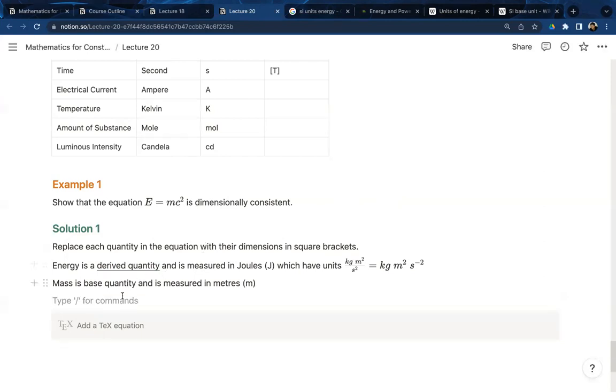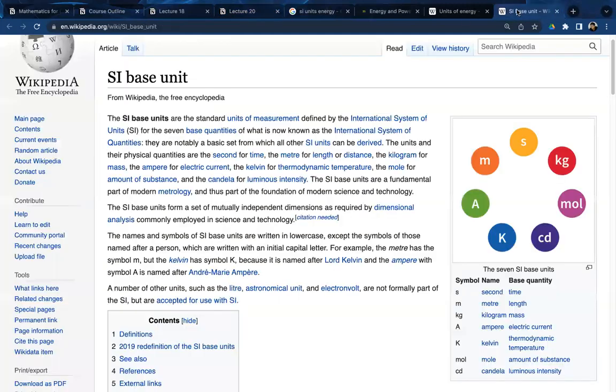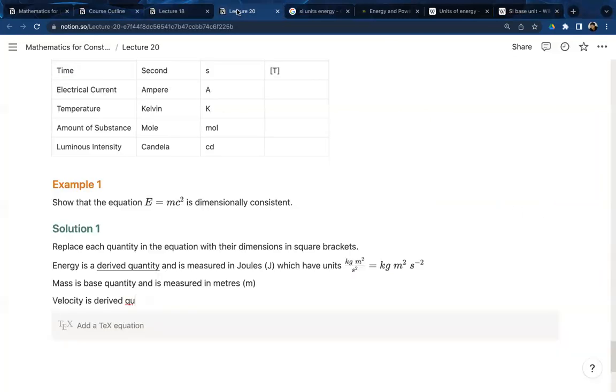C in this equation is speed or velocity. Velocity is a vector quantity, and it is obviously a derived quantity because it's not in this table. What is it measured in?